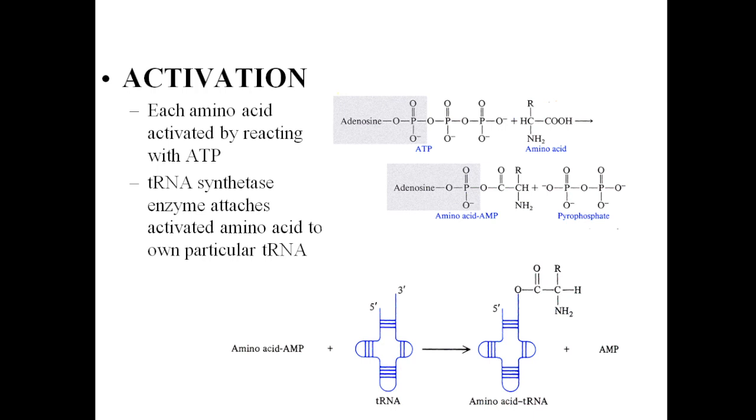The same for synthesis of the polypeptide chain: not free amino acids but activated, macroergic amino acids are used. It is the result of interaction of amino acid and ATP.